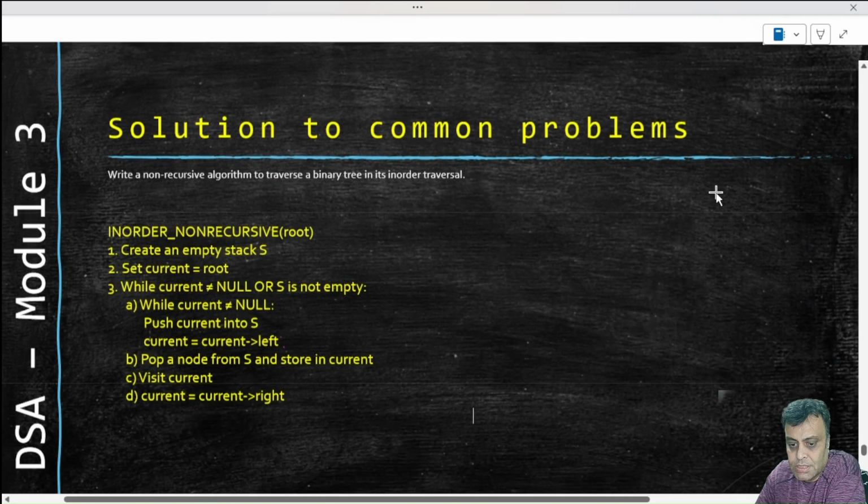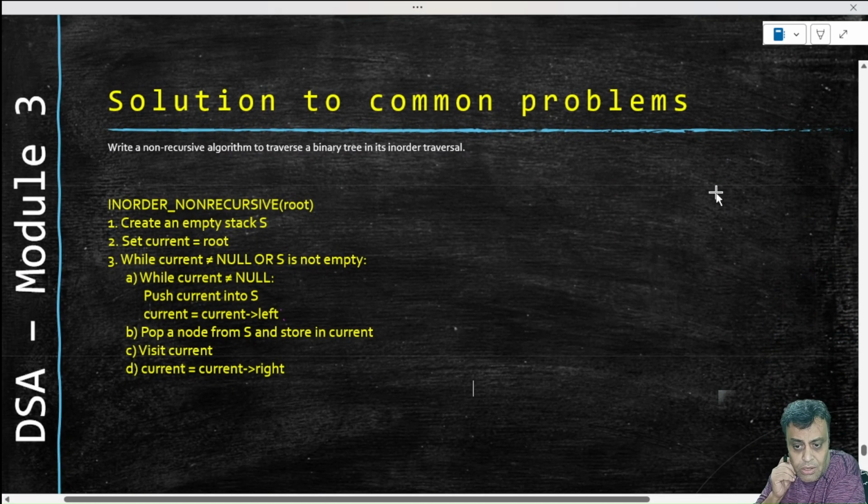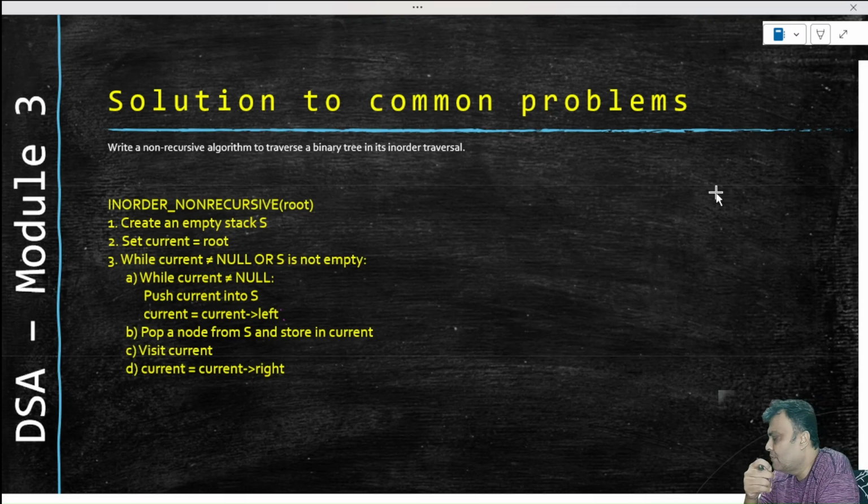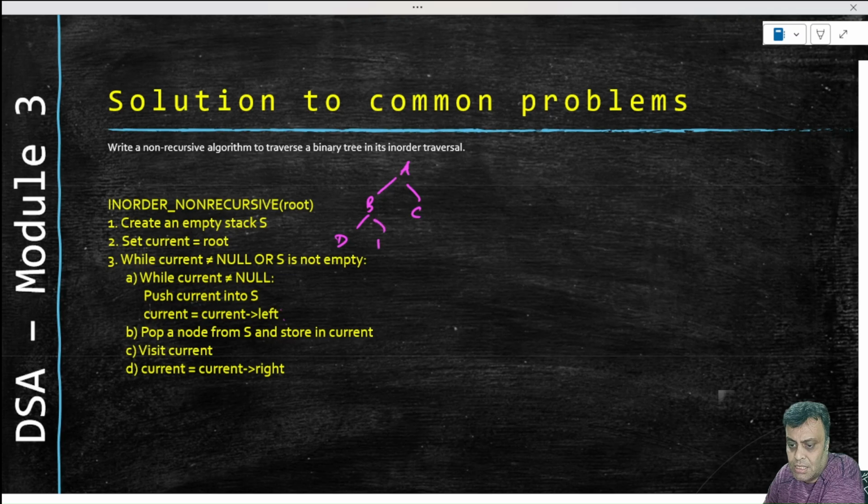The next problem is to write a non-recursive algorithm to traverse a binary tree in its in-order traversal. In-order traversal we have already done using the recursive algorithm, which we have seen earlier. If we have to do an in-order traversal for a binary tree, the way to do it is to use a stack. Let us take the same tree that we had used, A, B, C, D, E, F, whose in-order traversal we know.